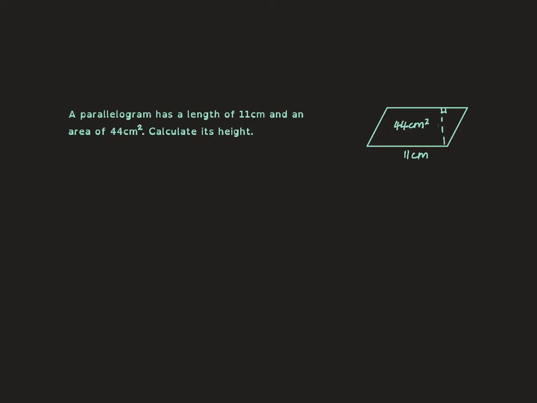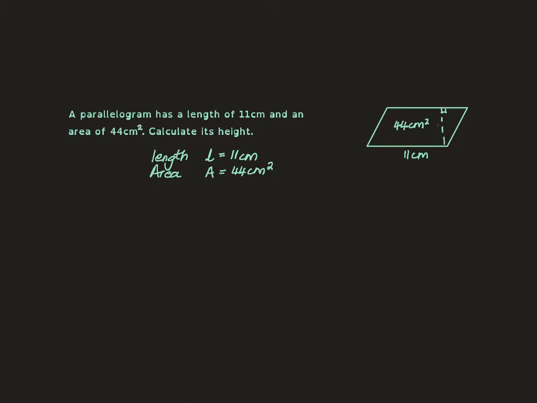We're going to go through an example. A parallelogram has a length of 11 centimeters and an area of 44 centimeters. Calculate its height. Your first step is to write down the measurements that you have. So length, which is represented by L, is equal to 11 centimeters. And area, which is represented by A in the formula, is 44 centimeters squared.